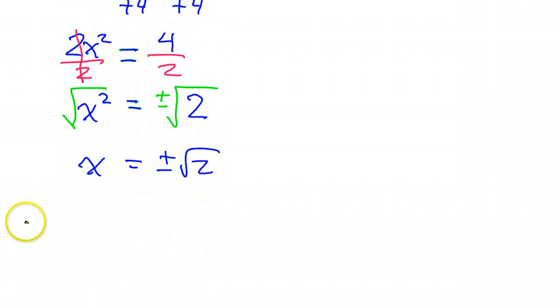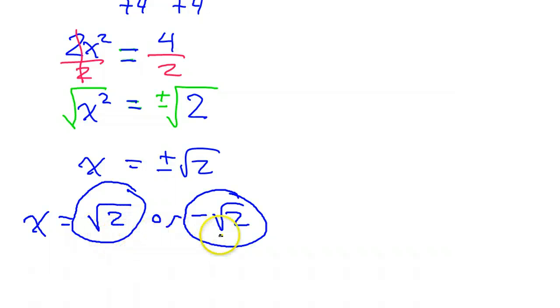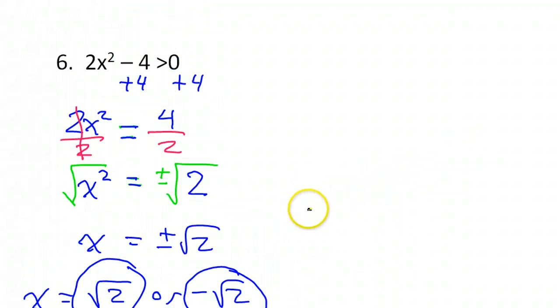But we could write this separately as x is equal to positive radical 2 or negative radical 2. So these are our two x-intercepts, the zeros of the function. Now, I'm going to have to graph these on the number line in a minute. But two things.